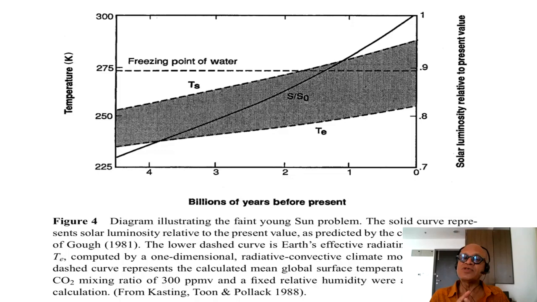But the other point is that biological impacts on the carbon cycle cannot explain the temperature being above freezing beyond a certain point, because first of all, biology doesn't lock up so much carbon, and at some point oxygen was so low that there was no biology as far as we know, especially free oxygen in the atmosphere.